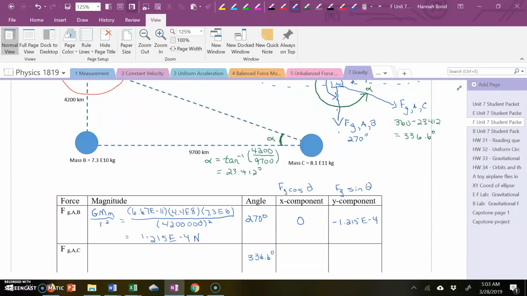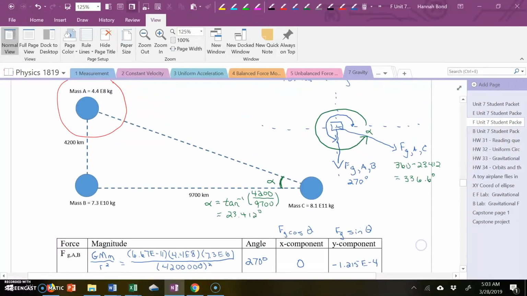Okay, let's find the force that C is exerting on A. So one thing I'm thinking, I don't know yet the distance between the center of C and the center of A. I need to find the hypotenuse up here in this triangle. I can use Pythagorean theorem to do that.